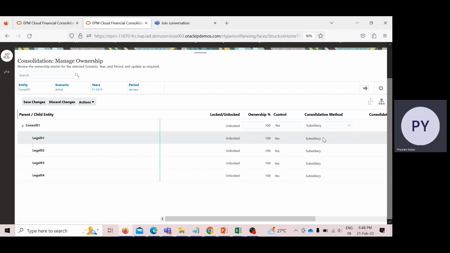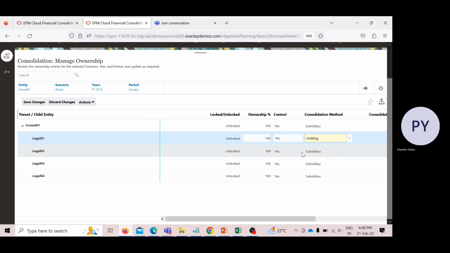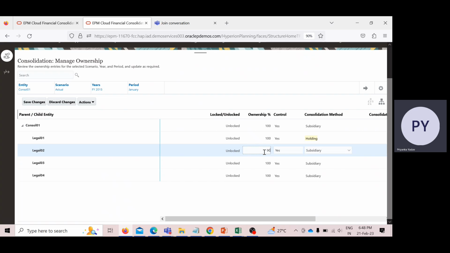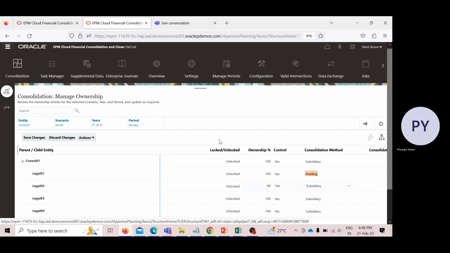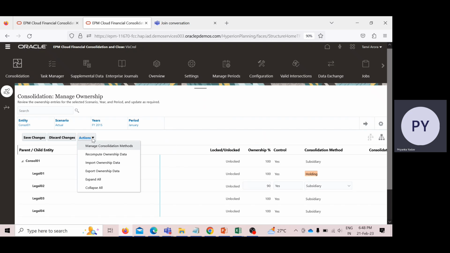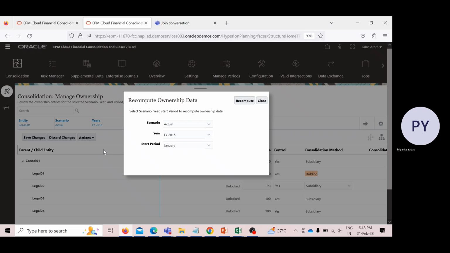So legal 01 is the holding entity having 90% ownership percentage in the subsidiary legal 02. It will recompute ownership data.